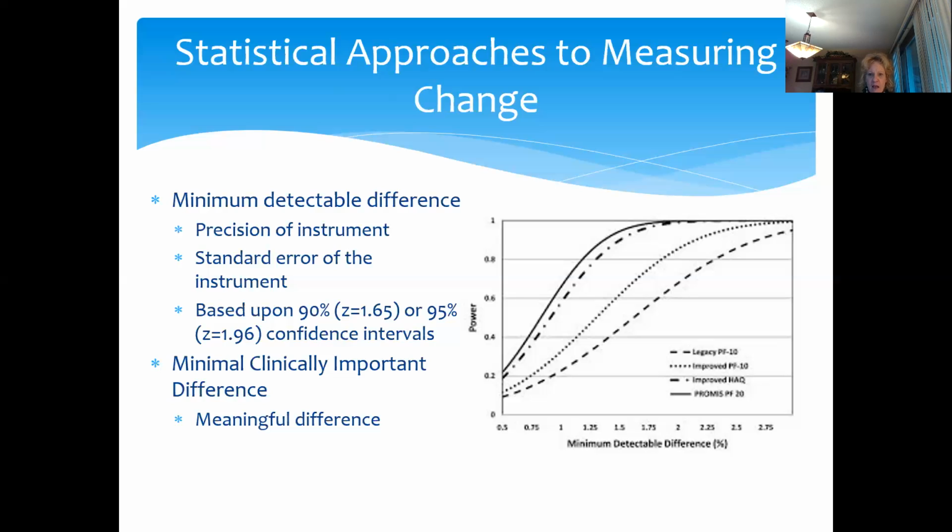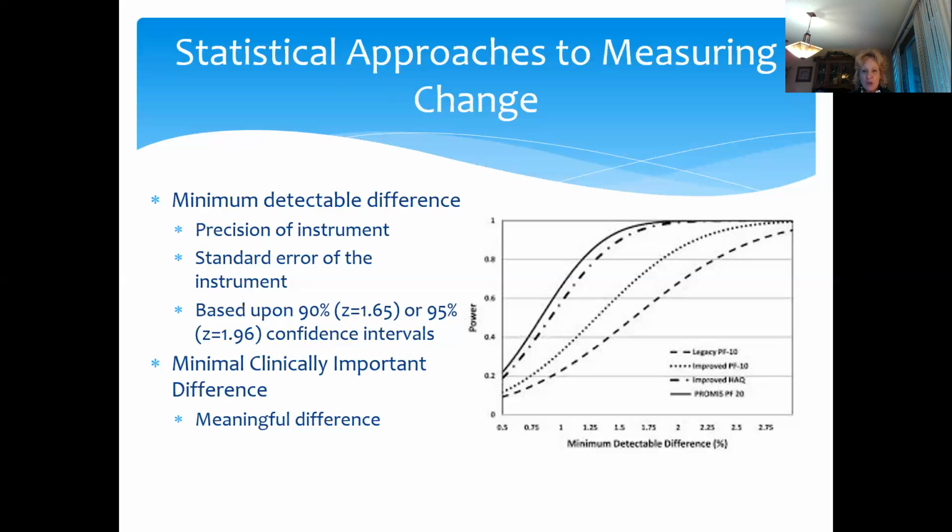And if it's really expensive screening and you are only going to pick up one case after thousands of screenings are done, then it's usually determined that that's not going to be a clinically important difference, and maybe you can't warrant the expense.